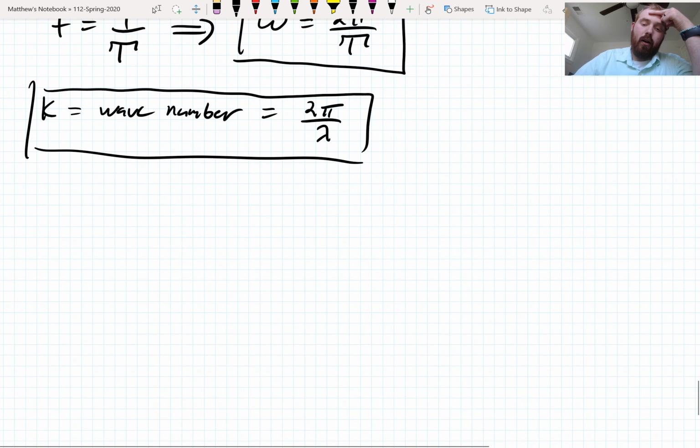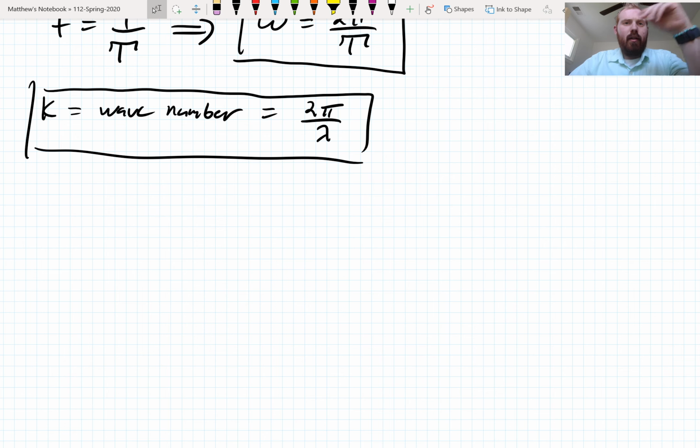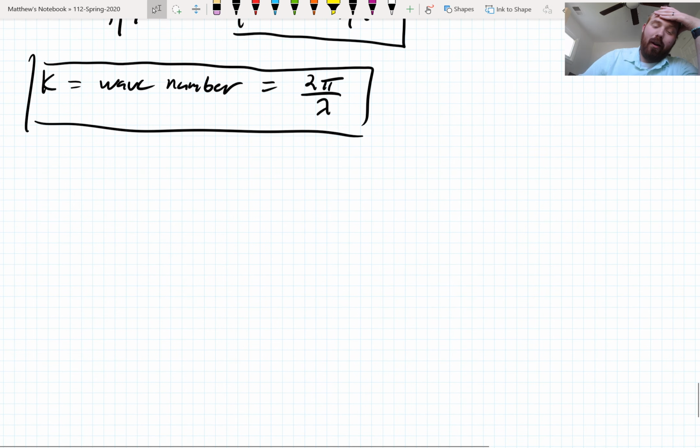So yes, we've introduced a few more equations. It's like 3 new equations, and you've seen this before, guys. But why did we bother introducing these?